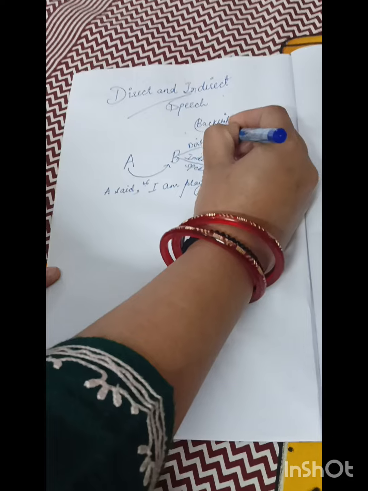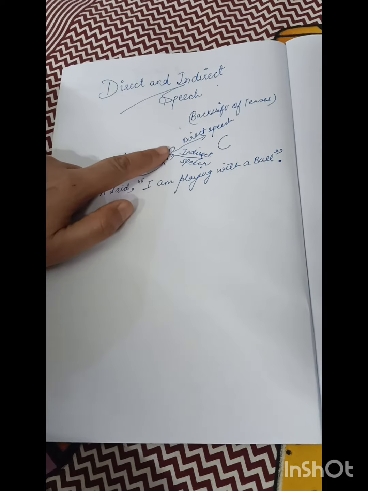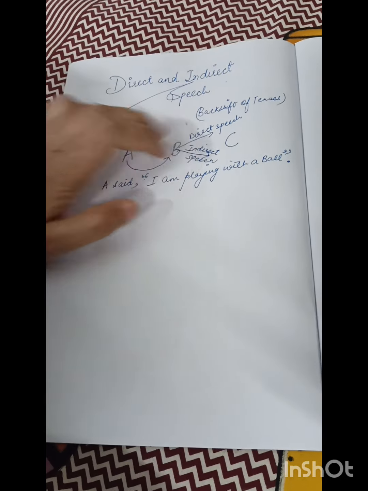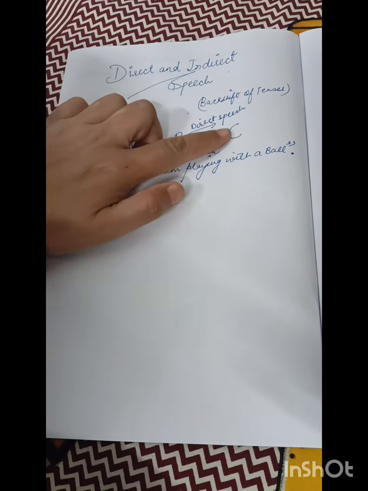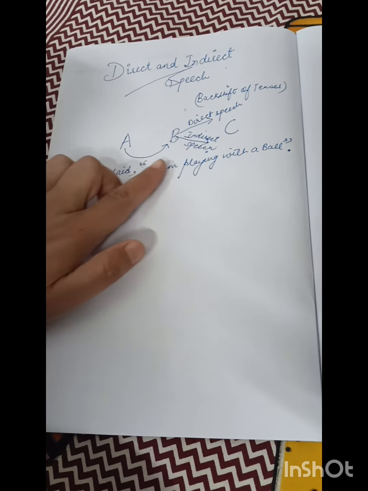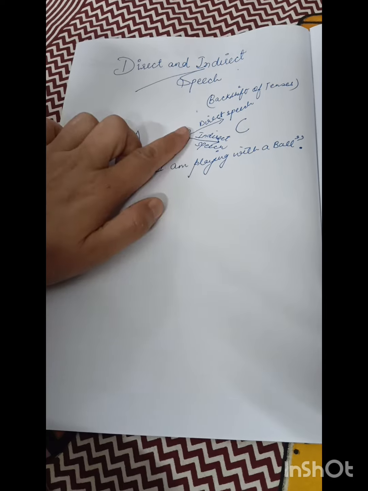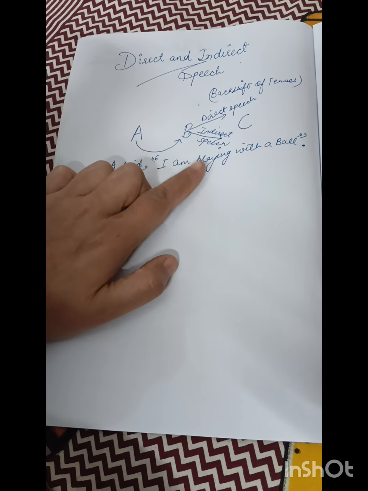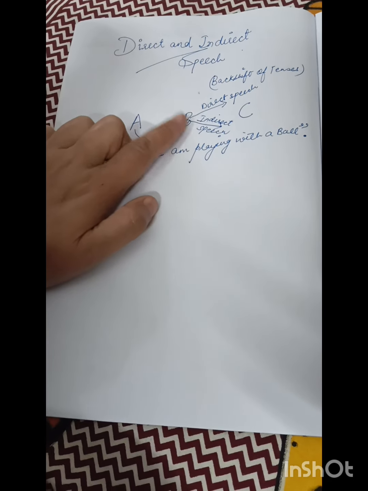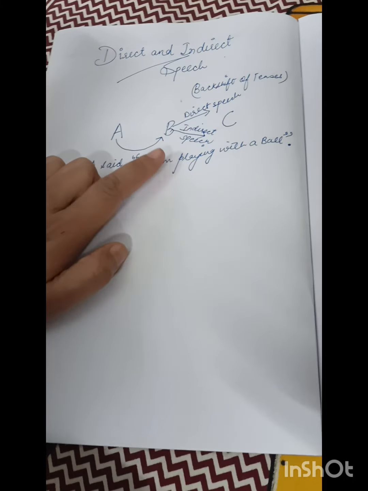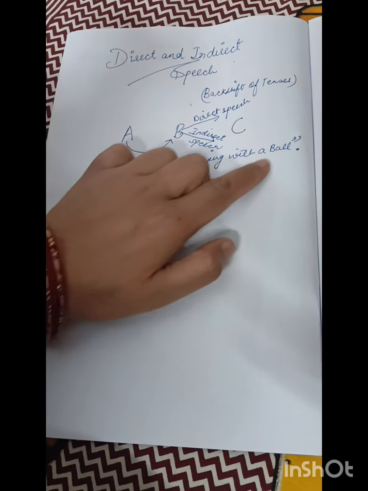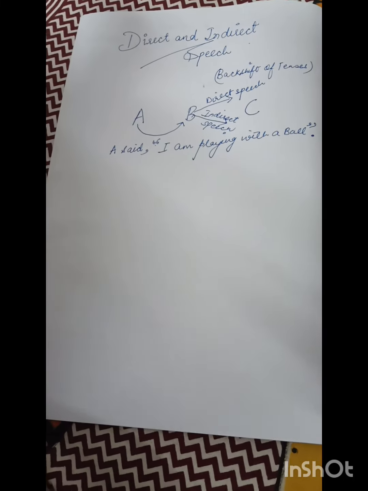Now what is direct speech and what is indirect speech? B goes to C and says, A said, "I am playing with the ball." So here B used the actual words of the speaker. When a person uses the actual words of the speaker, it is called direct speech.